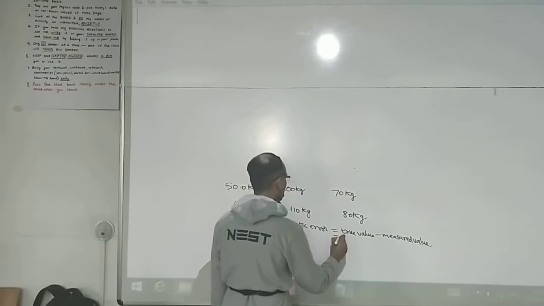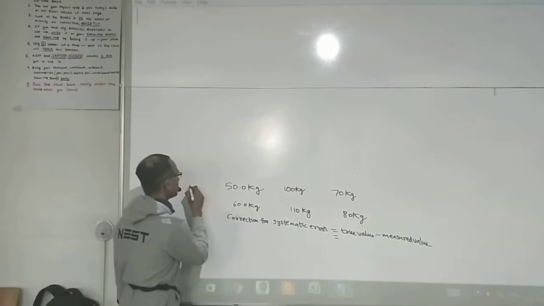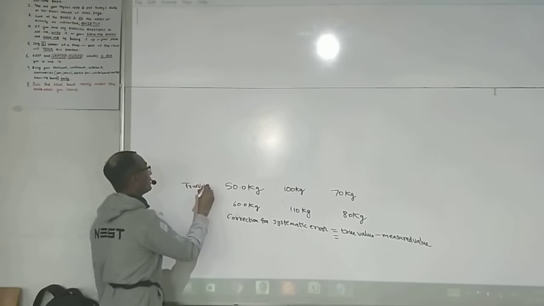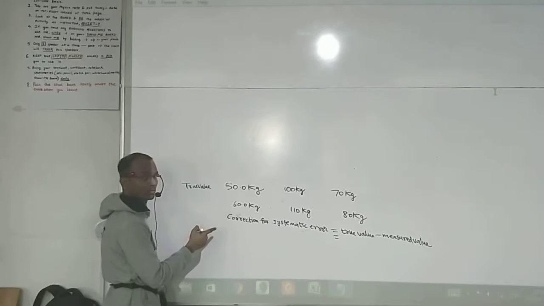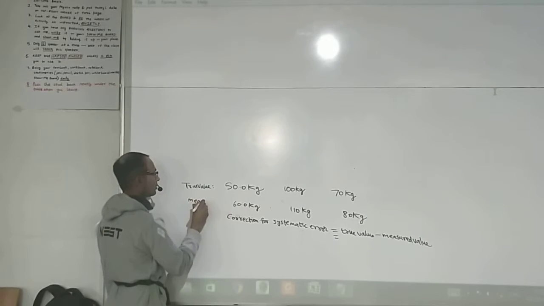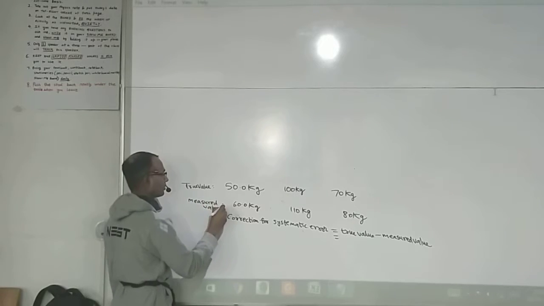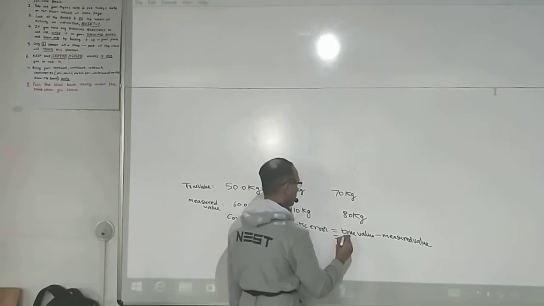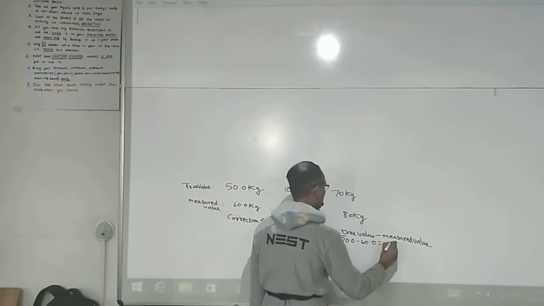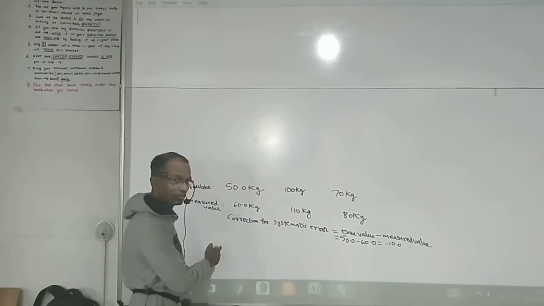So for example, in this case, true value is 50. Isn't it measured value minus 50? I said correction, not the error. So in this case it will be 50 minus 60, which is minus 10. So this is the correction.